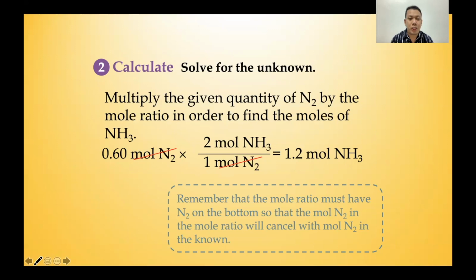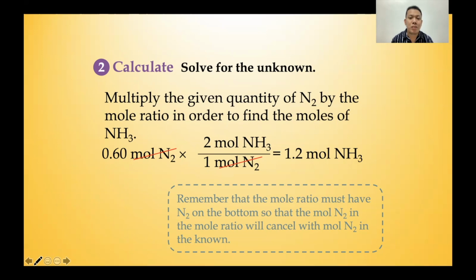You cannot arrive at the answer if you include in the computation the number of moles of hydrogen. So you have here 0.60 mole of N2, which is from the given. Then we'll get the mole ratio. So it is 2 is to 1.